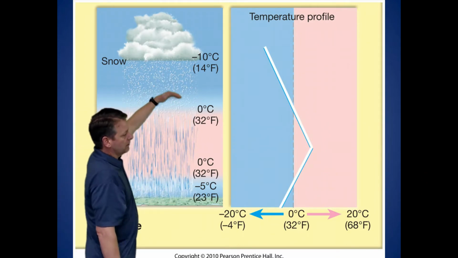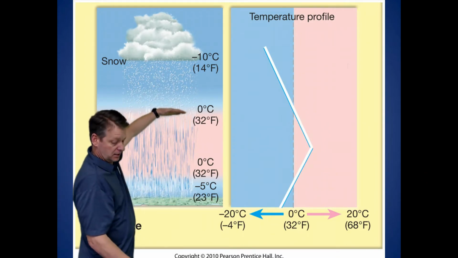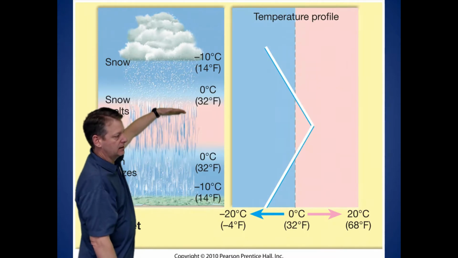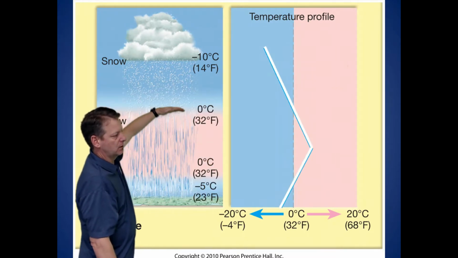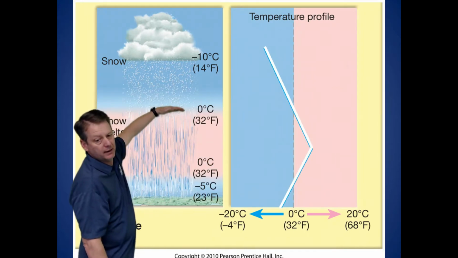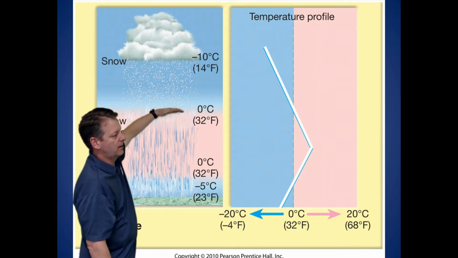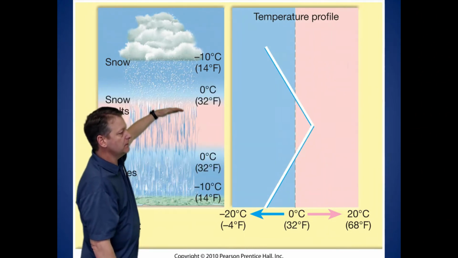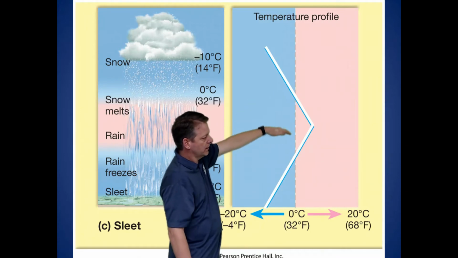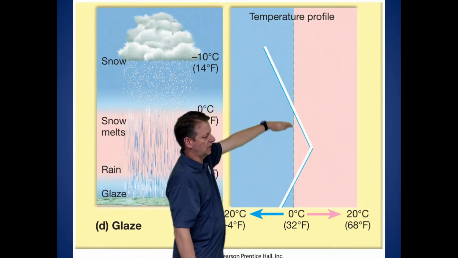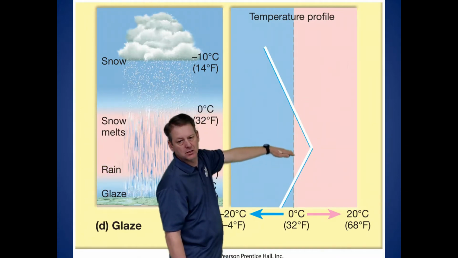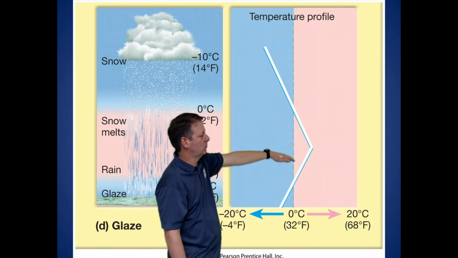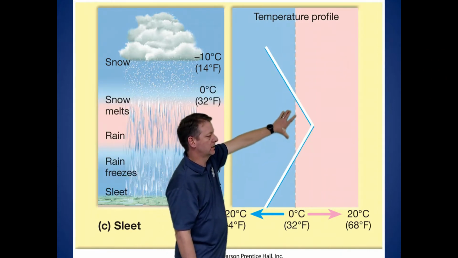So we come down here, and you'll notice that I'm going to jump back here. There's a little bit of a difference here, okay? So we come back here, we get into the glaze, and now we're down about right here. The difference over here in time really doesn't change a whole lot. Okay, it might be just a little bit longer in the warm with glaze than it is in the sleet.